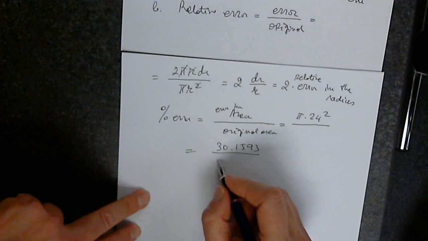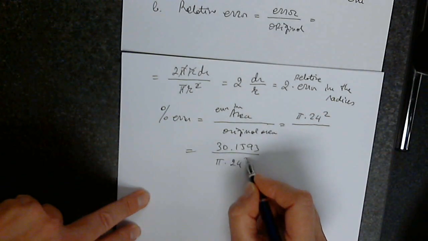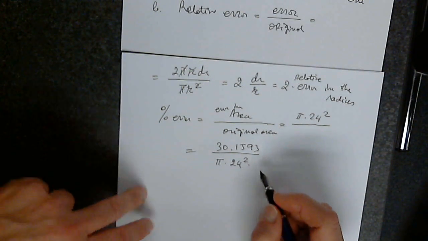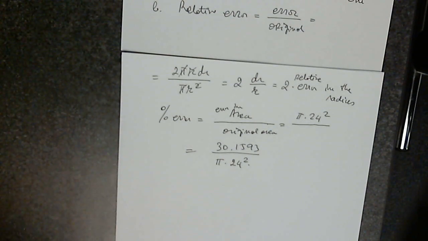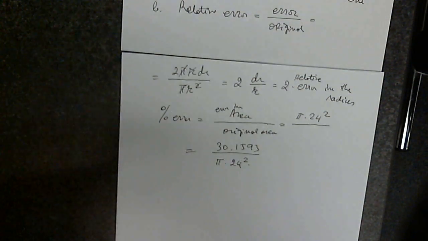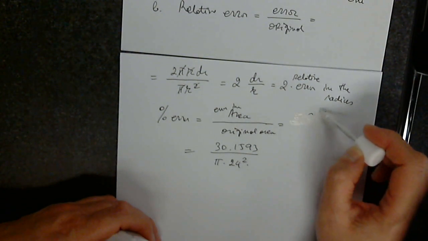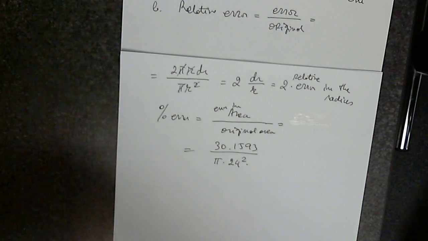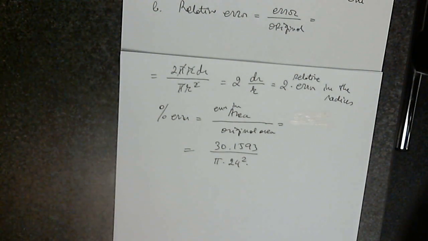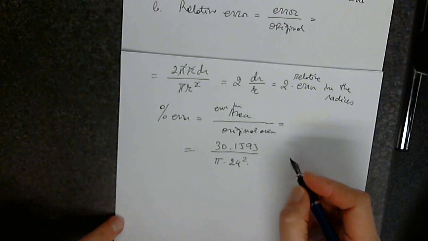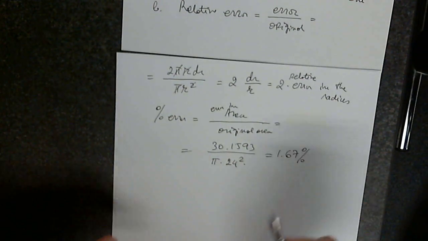Divided by pi multiplied by 24 squared, and it has to be in percent. So this divided by pi and further divided by 24 squared. I got 1.67%.